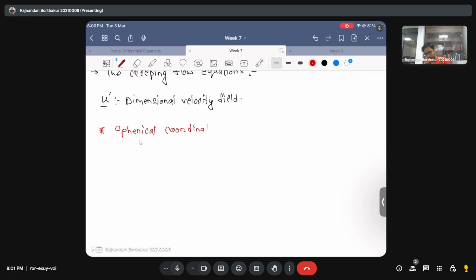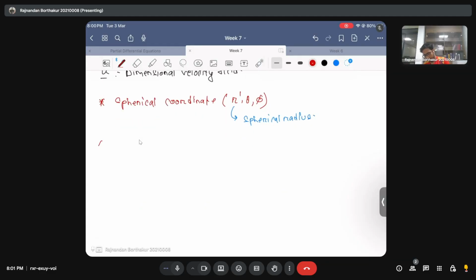We'll be denoting the spherical coordinate system as r prime, theta, and phi, where r prime is the spherical radius, and we will see all these things very shortly after we do this analysis. Just keep in mind that this is the spherical radius, and in order to demarcate this from the cylindrical coordinate system, remember, we also have our good old cylindrical coordinate system.